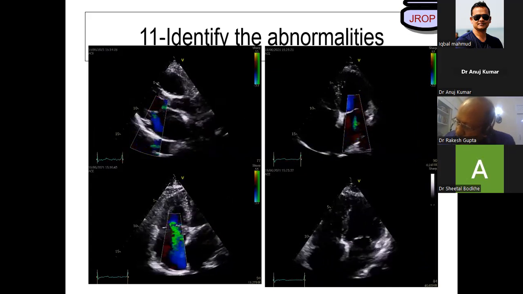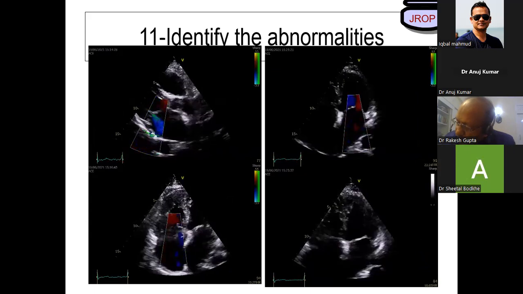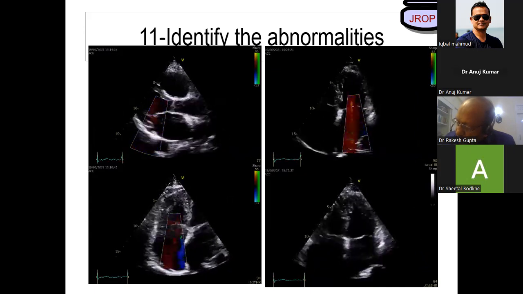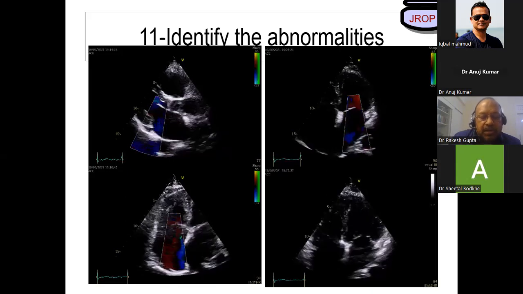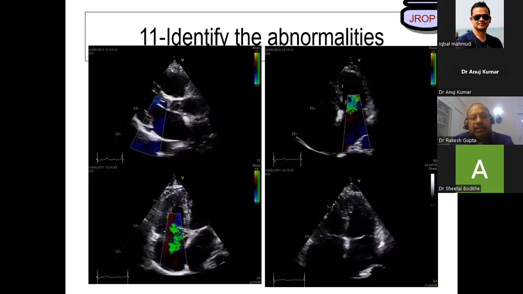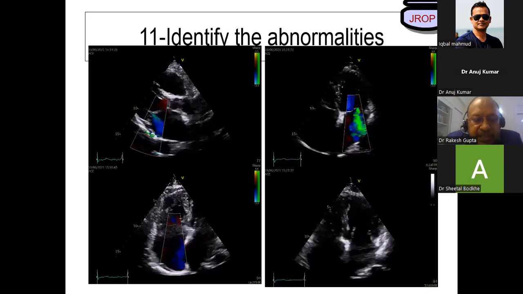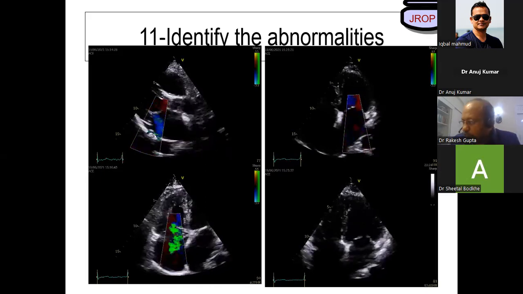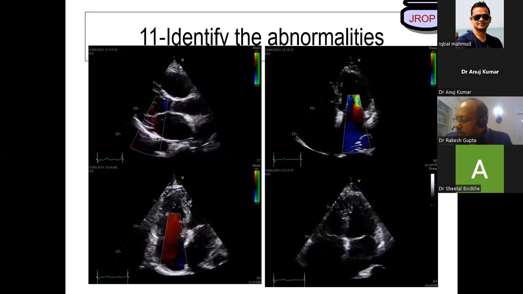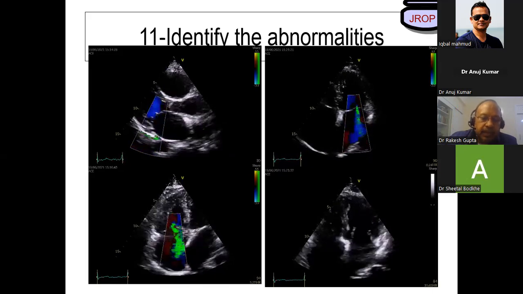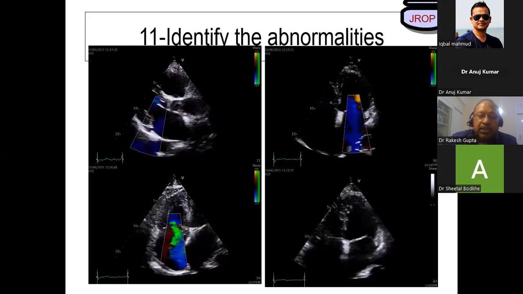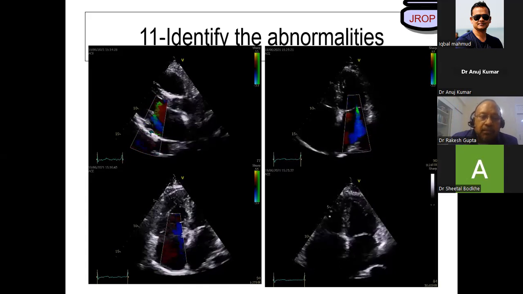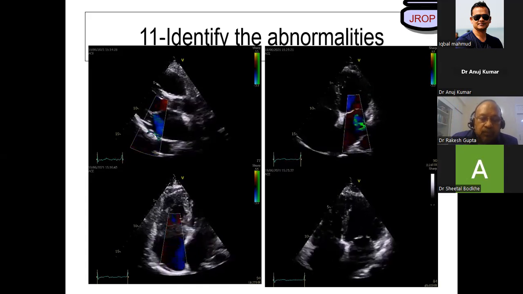Sir, it depends upon the size of the defect. Size of the vena contracta, not defect, vena contracta. What size of the vena contracta do we say is torrential? More than 14 mm, sir. Okay. So do you think this is severe TR? We cannot say whether torrential or severe, but it looks like severe TR, sir.